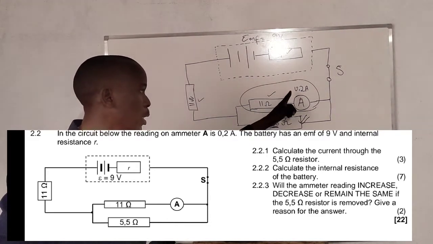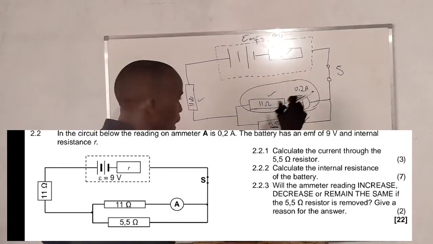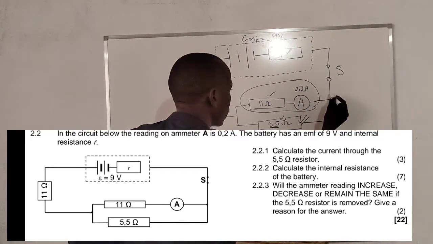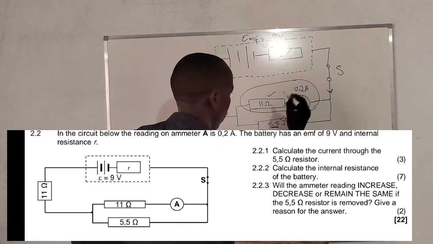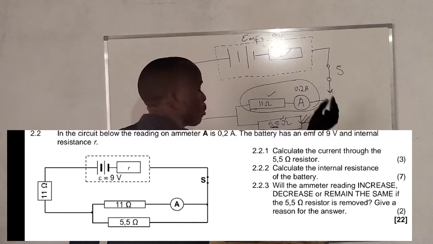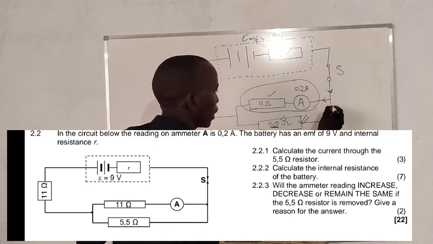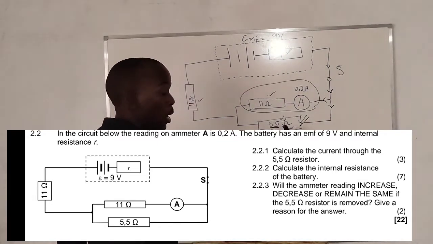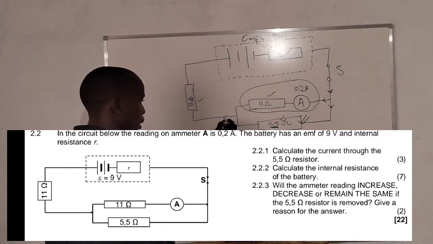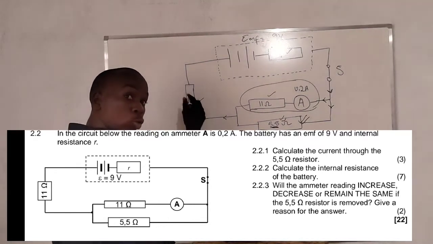Here the current is 0.2 amperes. Here the total current is passing because there is only one path, and then here, some of the current is passing through the 11 ohm resistor, some of the current is passing through the 5.5 ohm resistor. Here the total current is passing through because there is only one path.